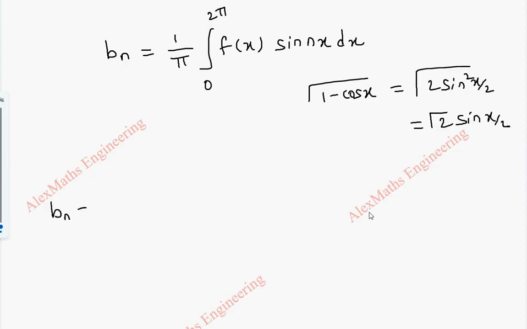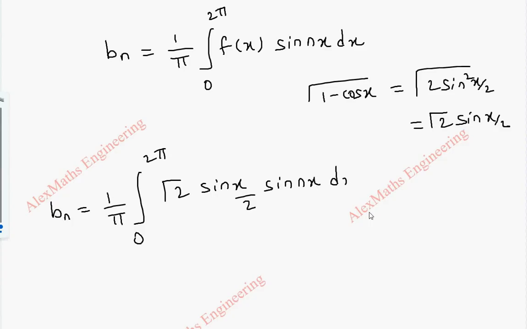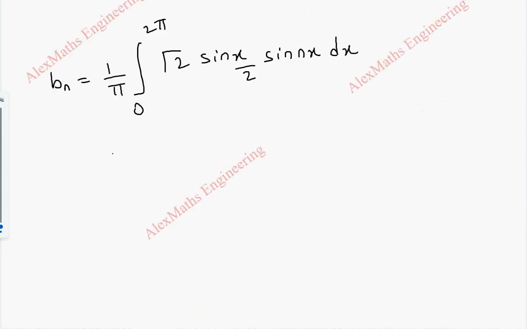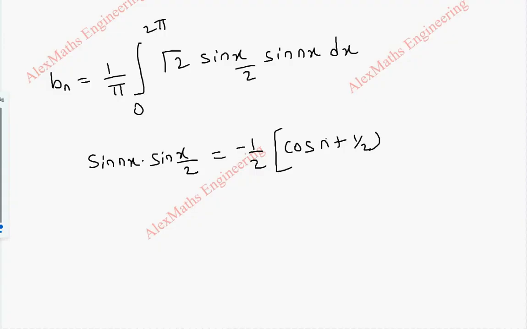So Bn becomes 1 by pi integral 0 to 2 pi root 2 sin x by 2 into sin nx dx. Here we are going to apply the formula for sin nx into sin x by 2, converting this product into a sum or difference. So the formula is minus half cos of n plus half into x minus cos of the difference of the angle, n minus half into x.